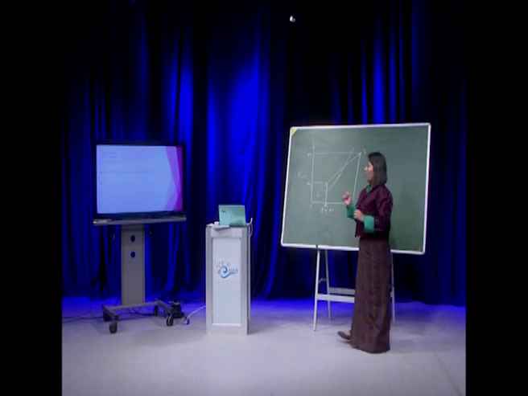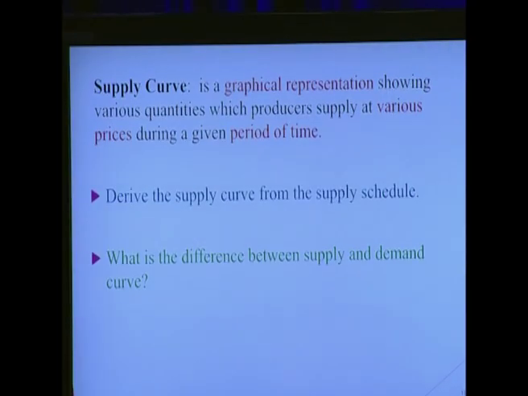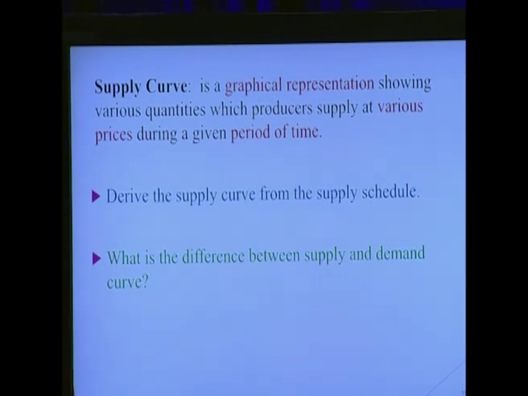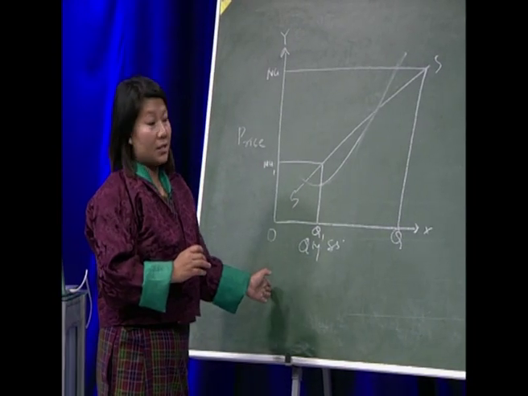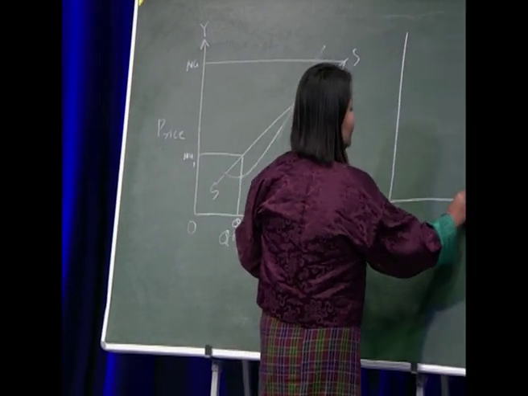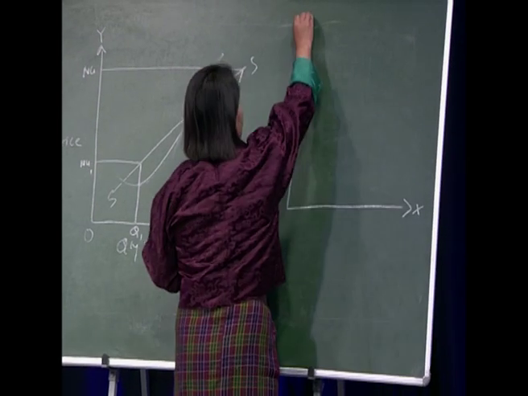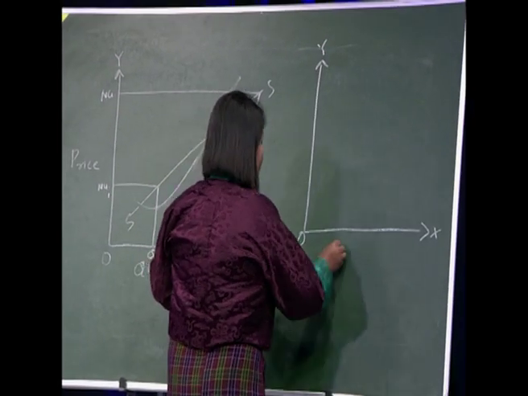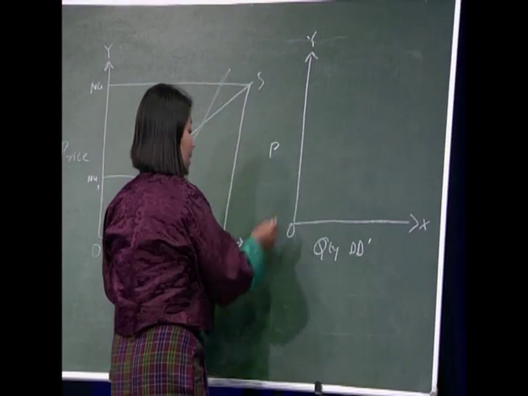The second question we have is, what is the difference between the supply curve and the demand curve? Supply goes straight up. There is a positive relationship between price and the quantity supplied. However, in demand, we need to have a schedule for demand, with quantity demanded and the price.